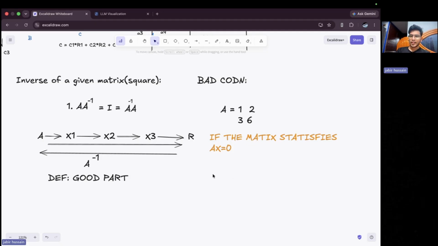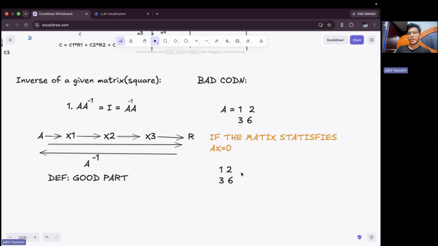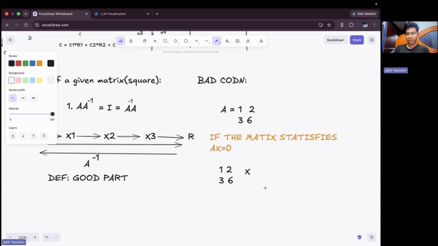So tell me, I have a matrix, let me draw it here with black ink: 1 2, 1 2 and 3 6. If this is the matrix, and I'm going to multiply this matrix with another matrix, let's say this particular matrix has x.